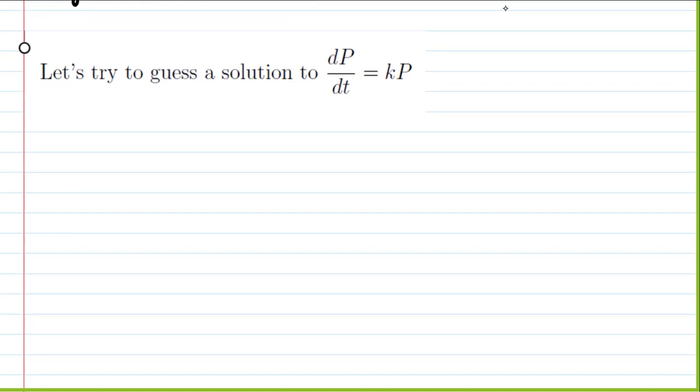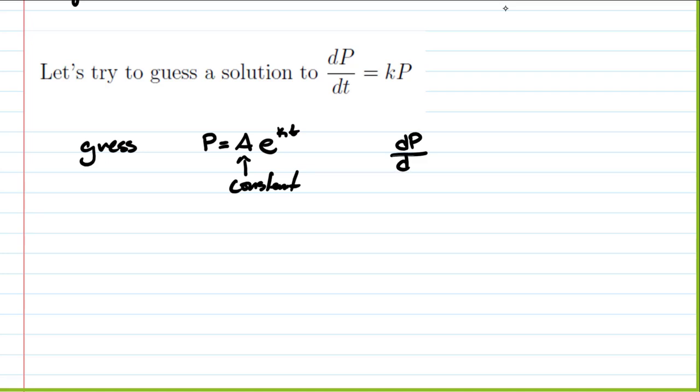So we're going to guess our solution, and we will guess that the solution is P equals A e to the kt, where A is going to be some constant. So then if we take the derivative, dp dt, the constant comes out of the derivative, and what's the derivative of e to the kt?